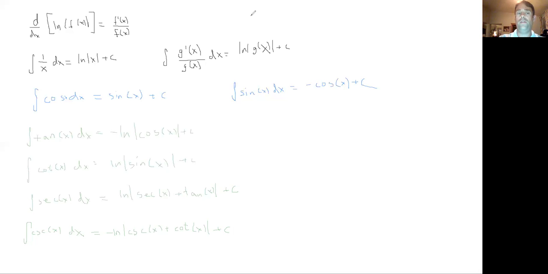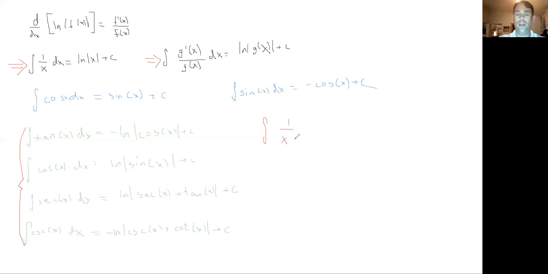Now, the hard part that we're going to be looking at, so essentially, for the most part, we're going to be dealing with just natural log of functions. We won't do too much with these guys, although they will pop up from time to time, so just be looking for them. But the biggest thing to remember is when we're dealing with these, how do you determine whether to use a natural log or a power rule?